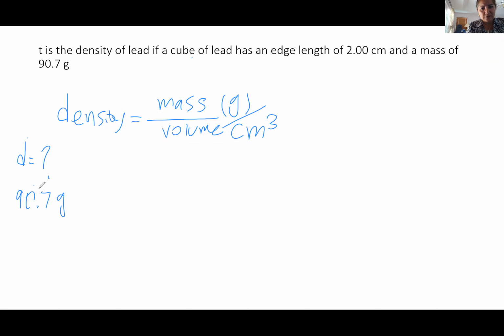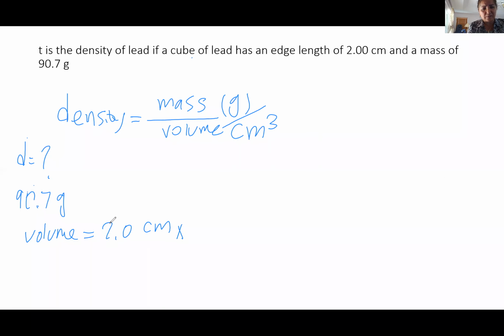The information for volume is given, but not directly. They don't always give you information directly. Sometimes it's indirect. So we don't have the volume, but we do have the dimensions, 2.0 centimeters for each edge.